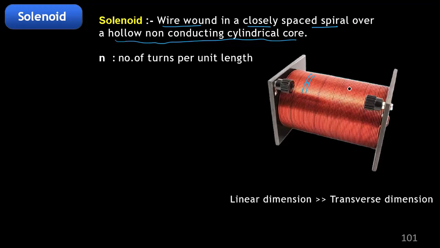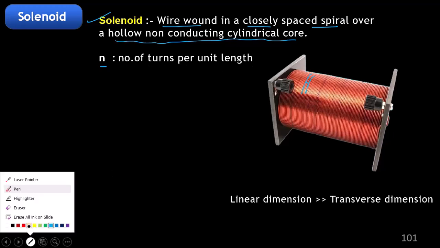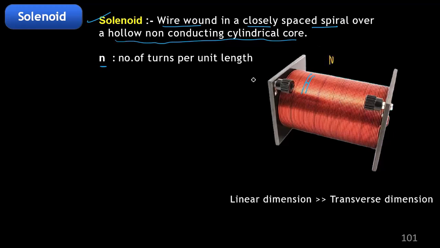So there is a non-conducting cylindrical core about which you have to wind it so that you can make a solenoid. Now, what is small n? Small n is called the number of turns per unit length. Let us say for this particular geometry, capital N is the number of turns, and I want to calculate the length L. What is L?